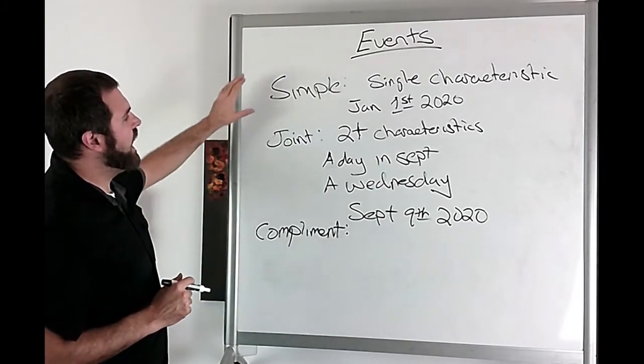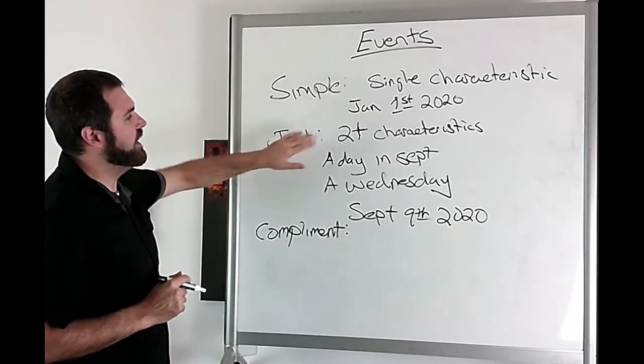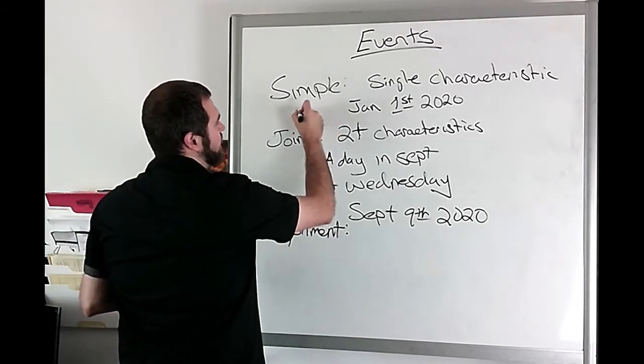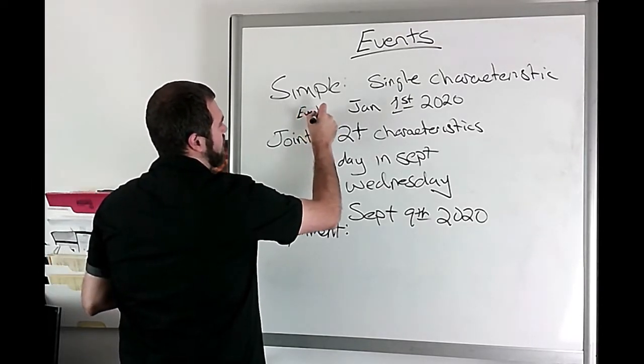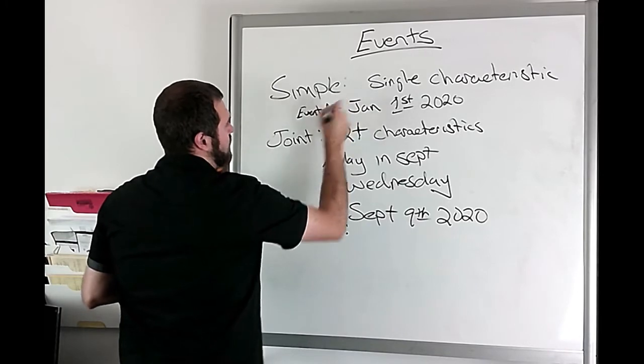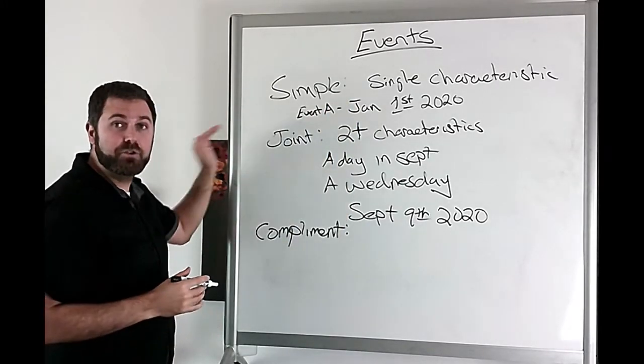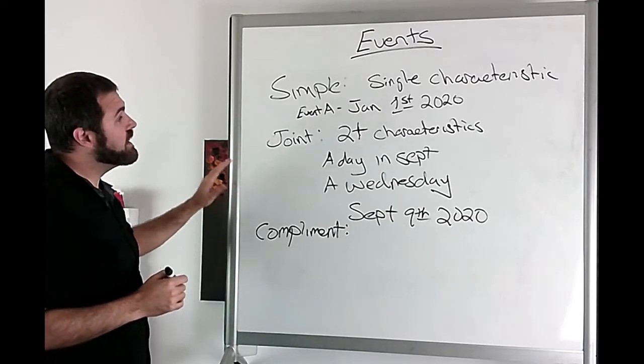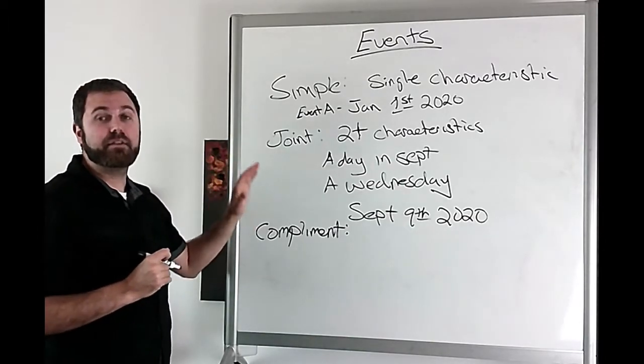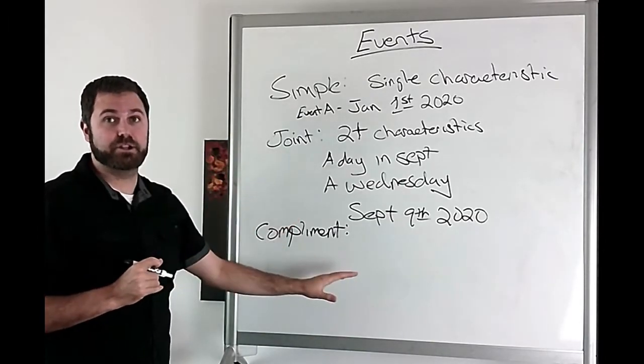So if you look at this simple event, if this is event A, a day in January, then the complement to event A would be every day that is not a day in January.